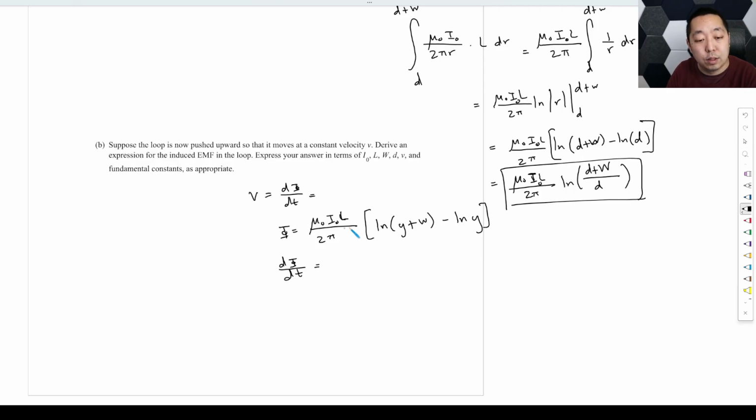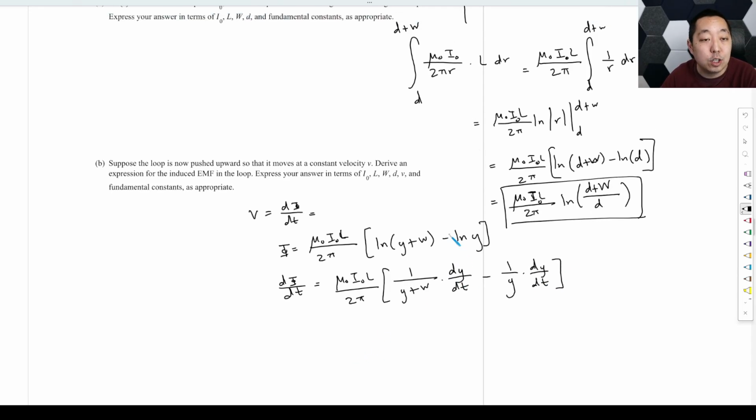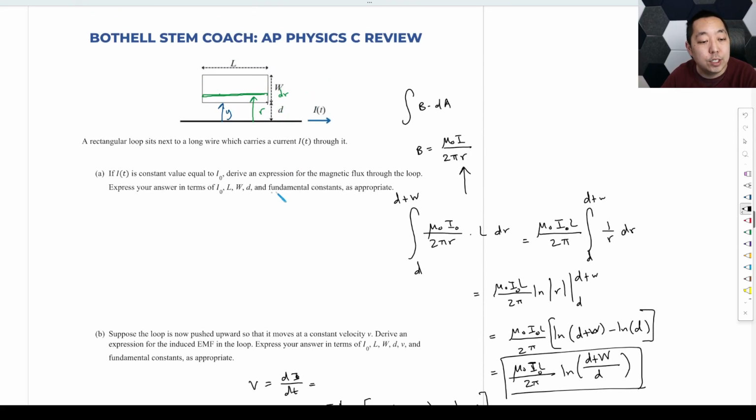So now the y is changing. The derivative of this is mu naught I naught L over 2 pi, then the derivative of ln of y plus w is 1 over y plus w times dy/dt by chain rule, minus 1 over y times, again, dy/dt by chain rule. Now dy/dt is the rate at which y is changing, which, from kinematics, is our velocity, because we're moving at a constant speed.